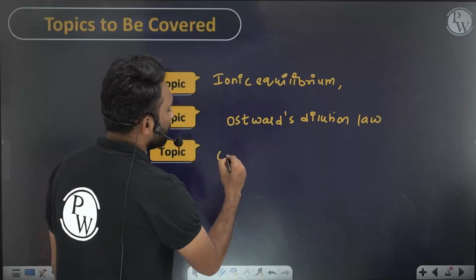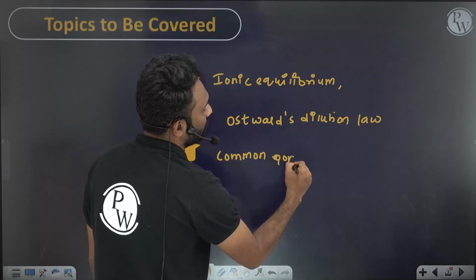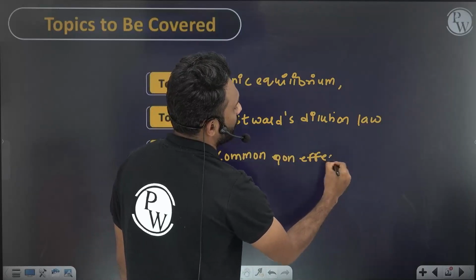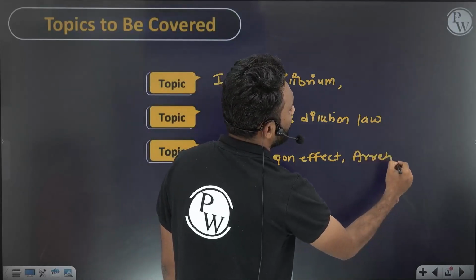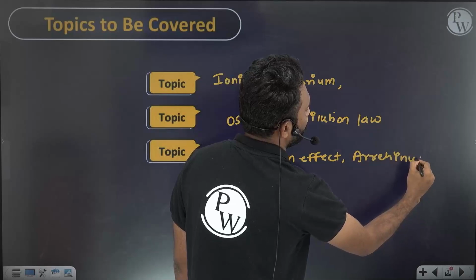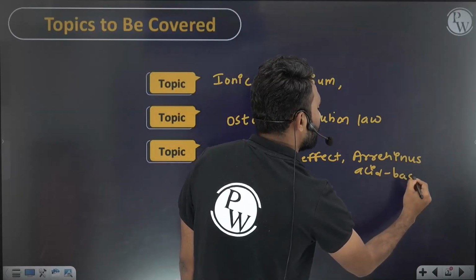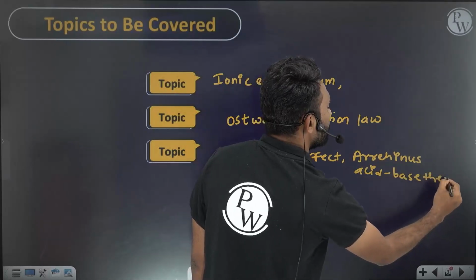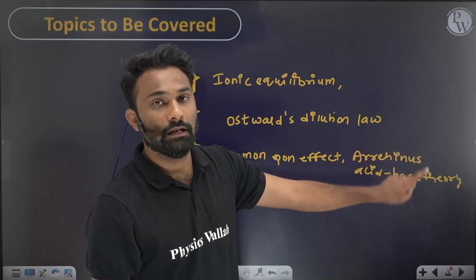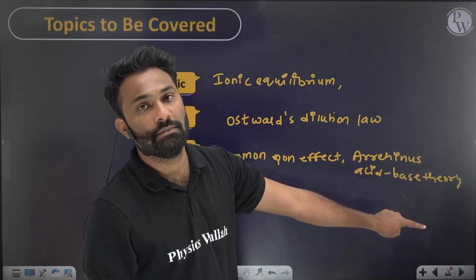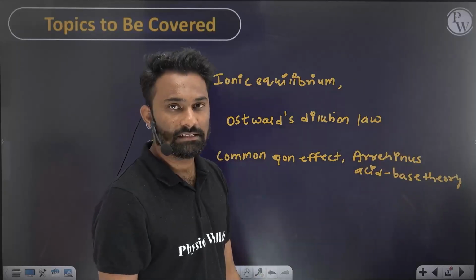Next, common ion effect. Next, Arrhenius acid base theory or concept. In this Arrhenius acid base concept we are going to see Arrhenius acids and bases, next Bronsted acids and bases, and Lewis acids and bases.